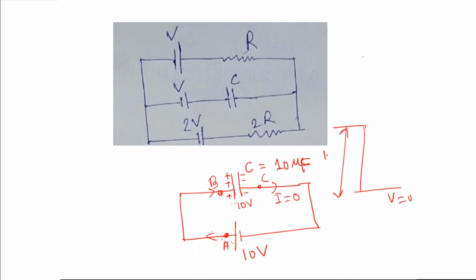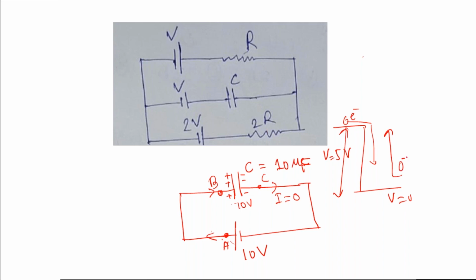When there is a potential difference, suppose this is high potential and this is low potential, suppose this is 0 and this is some value, 5 volt, then charge will flow. Suppose electrons are flowing in a conductor.